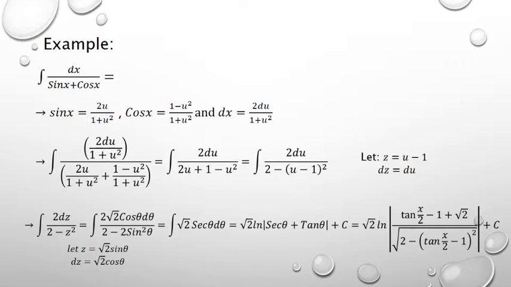Now let's let z equal root 2 sine theta and dz equal root 2 cosine theta d theta.